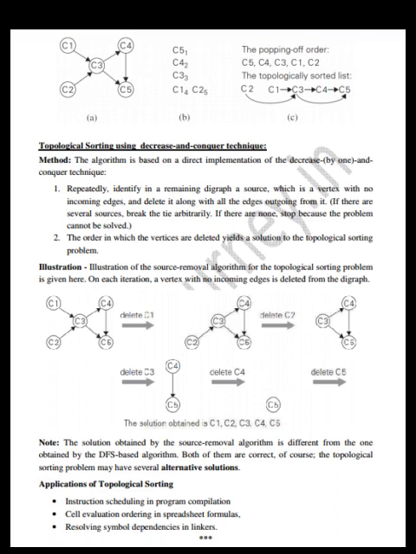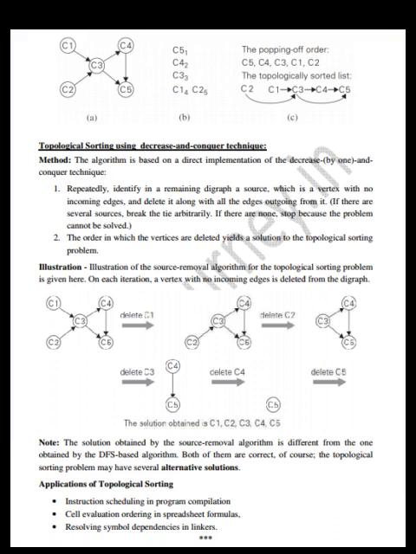Illustration of the source removal algorithm for the topological sorting problem is given here. On each iteration, a vertex with no incoming edges is deleted from the digraph. See the figures. The solution obtained by the source removal algorithm is different from the one obtained by the DFS based algorithm.